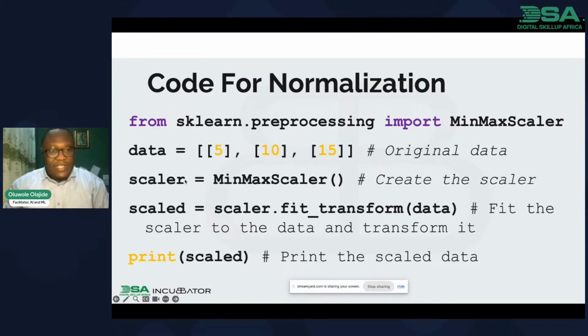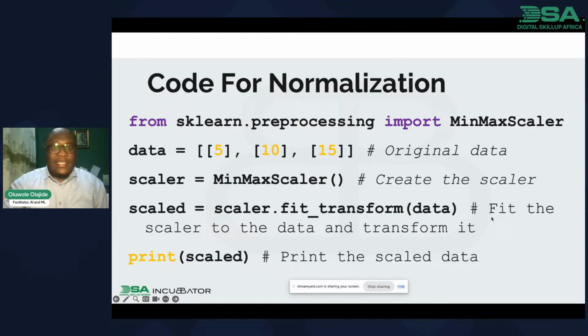You have your scaler, which is equal to MinMaxScaler, which you are creating now. Then scaled is equal to scaler.fit_transform. So you are fitting the scaler to the data, and you transform it, and you now print the scaled data. You scale this data and change it to the range of 0 and 1.